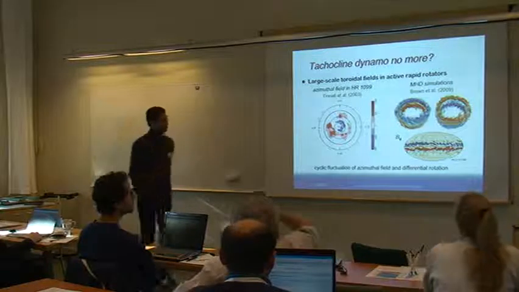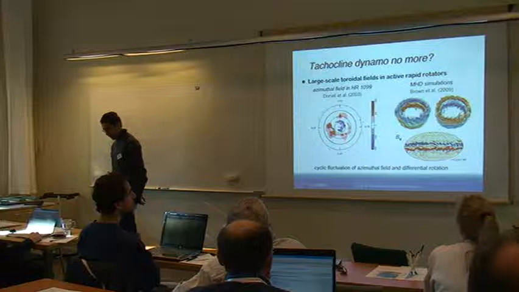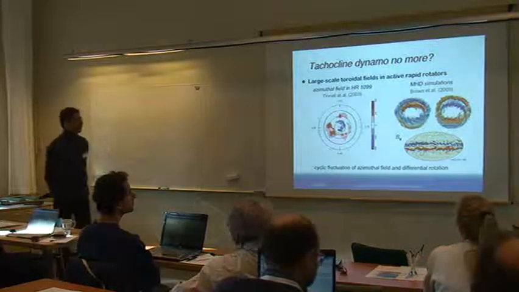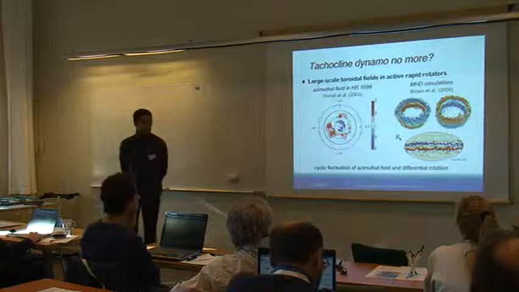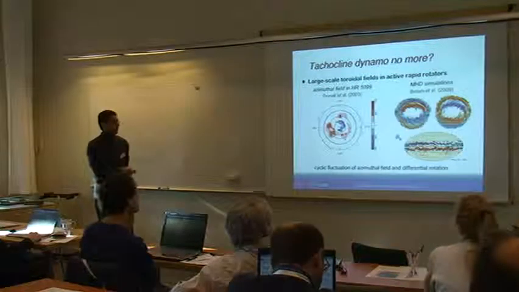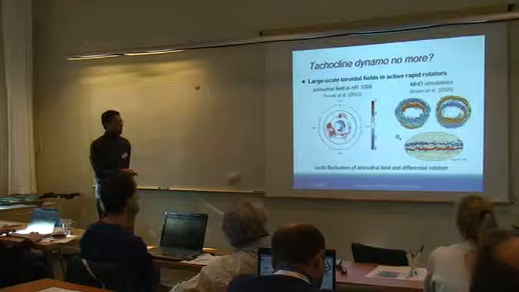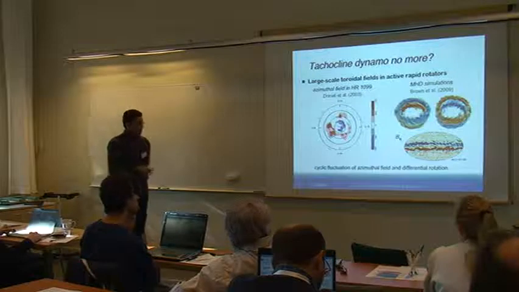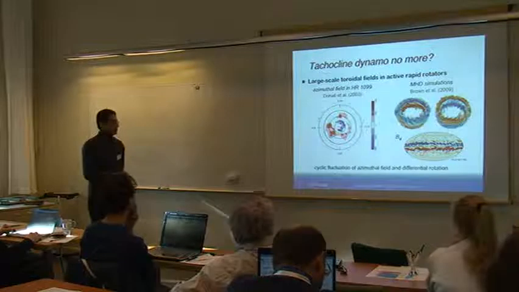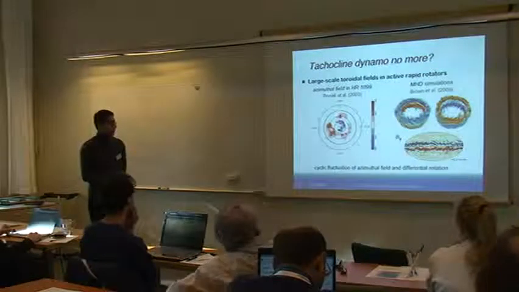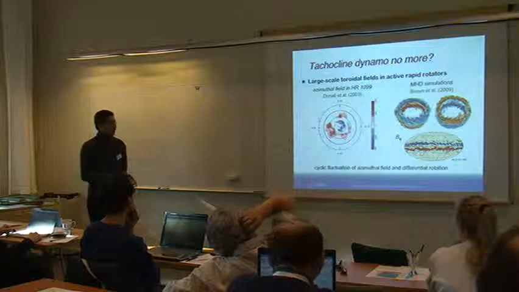Coming to the results obtained for late-type stars, one of the early surprises, I would say, for the structure of magnetic fields in active, rapidly rotating stars is the discovery of these strange structures in the azimuthal field. So this is the polar projection, and this is the pole of the star.